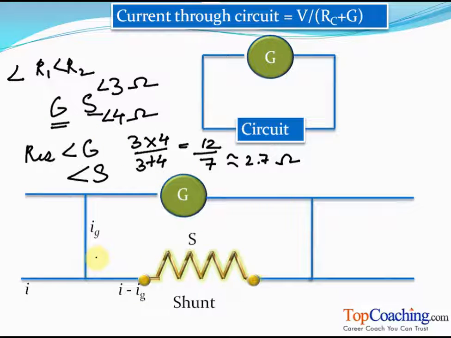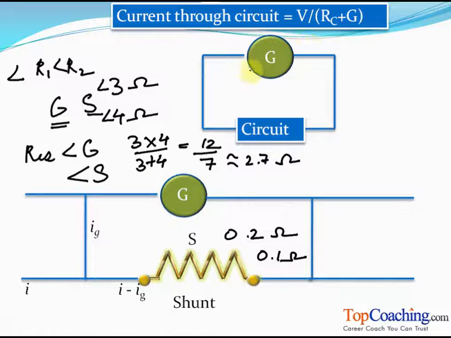What that means is that the net resistance of the galvanometer shunt system is actually less than the resistance of the shunt. And since the resistance of the shunt is very small, of the order of 0.2 ohms or 0.1 ohm, the net resistance of the galvanometer shunt system, the net resistance of the ammeter is very, very small.